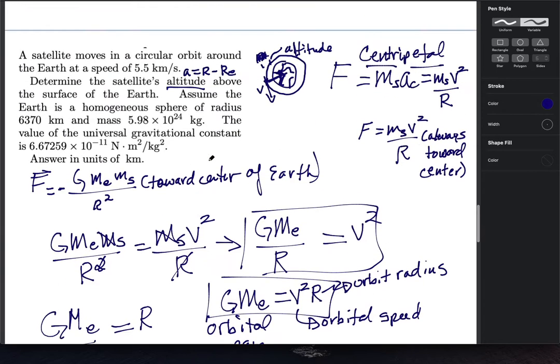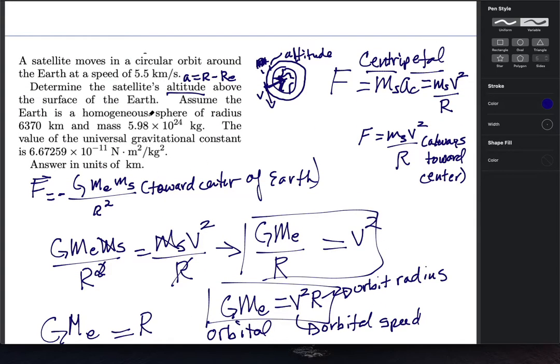Just to point something out here, the velocity is given in kilometers per second. The answer is supposed to be in kilometers, but the universal gravitation constant that I mentioned before actually has to have newtons, which is kilograms times meters per second squared, meters, and kilograms. So we have to be careful when we're doing that.